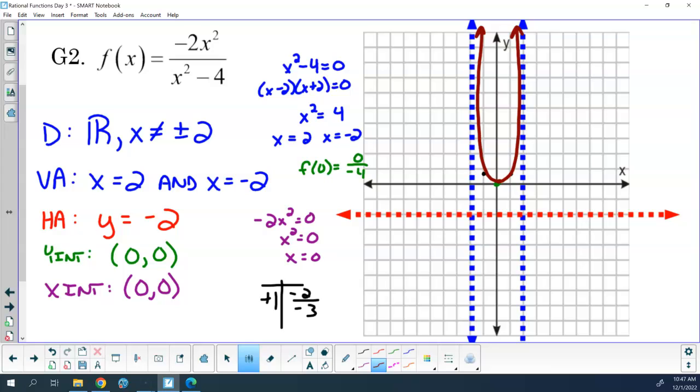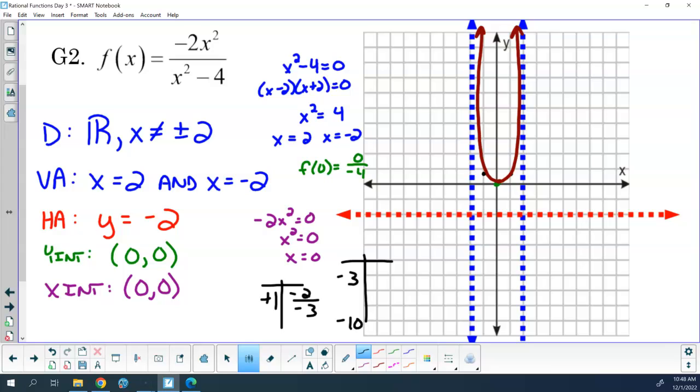Then we come over into this zone. Since we had 2, I would go -3 and -10.